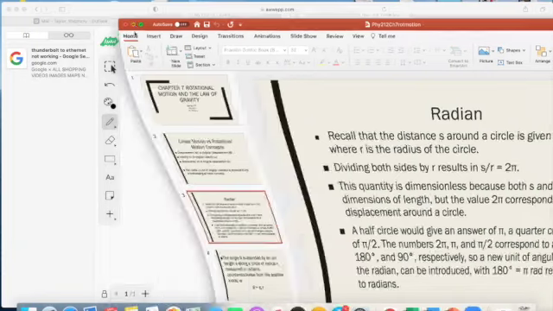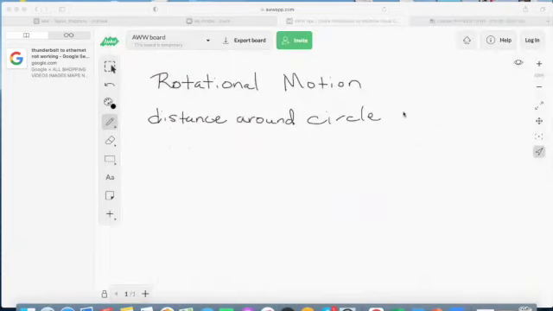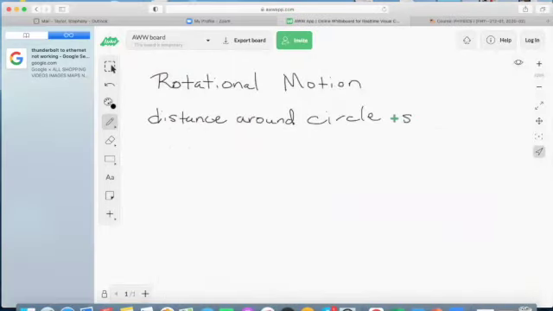So the distance around a circle is represented by the letter s, and s is equal to 2 pi r, where r is the radius.